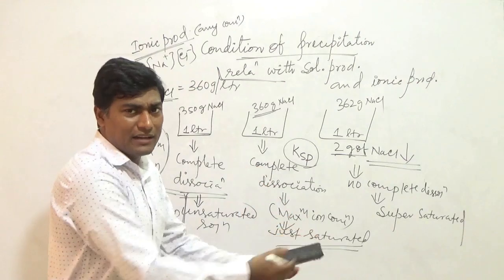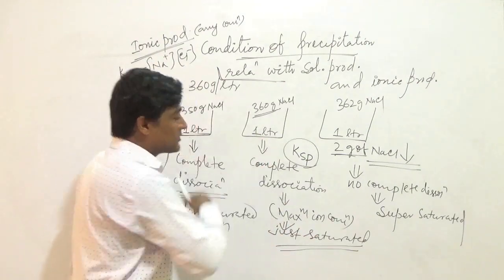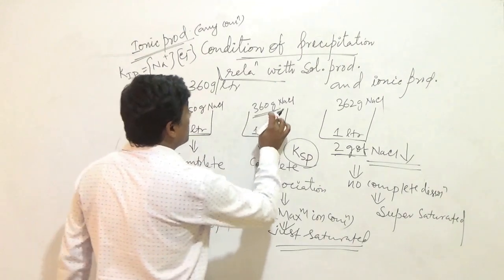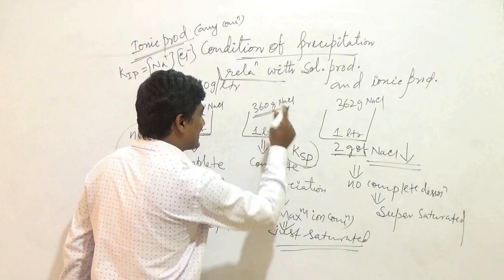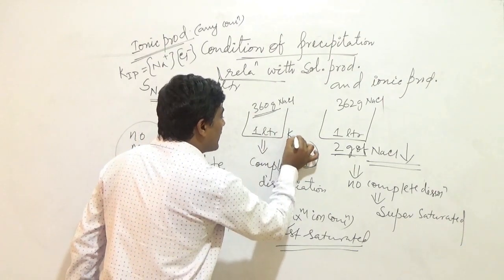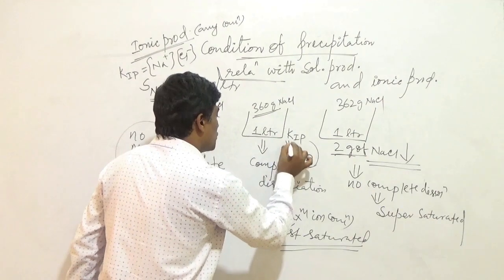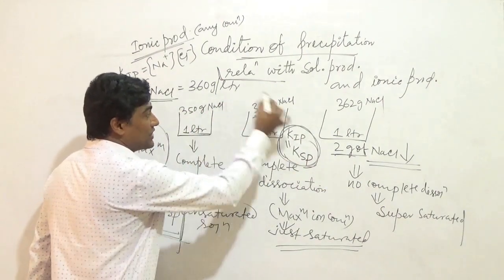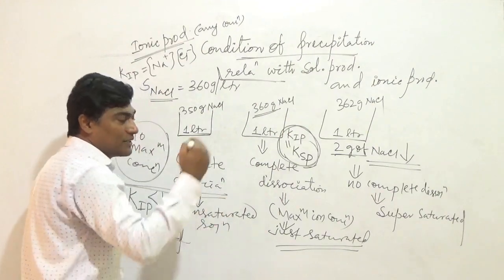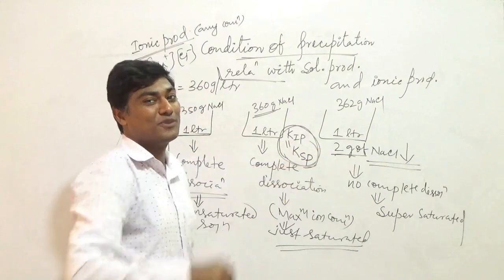In the case of 360 gram per liter, the ionic product Kip is equal to Ksp, because the product of ions is equal to the product of ions at maximum concentration.